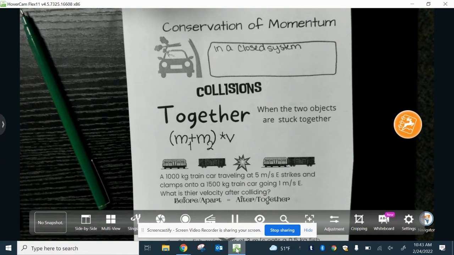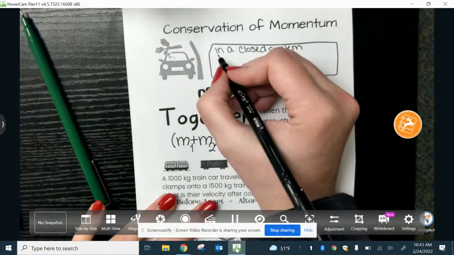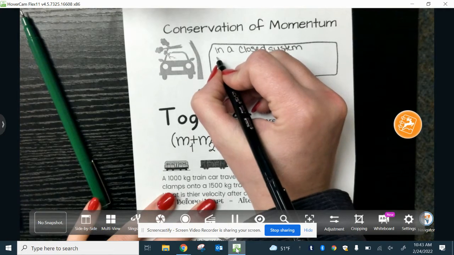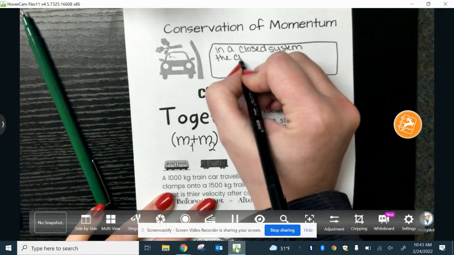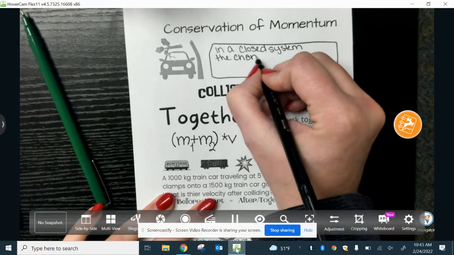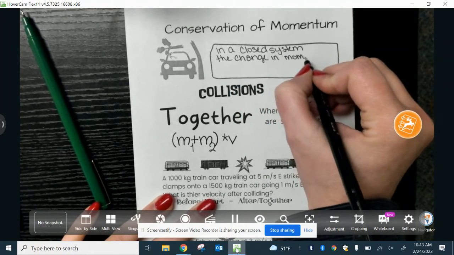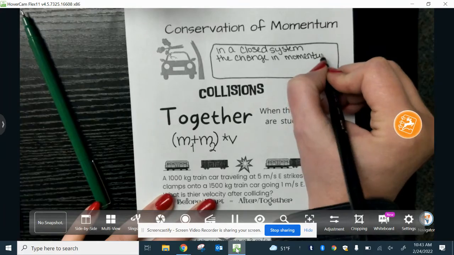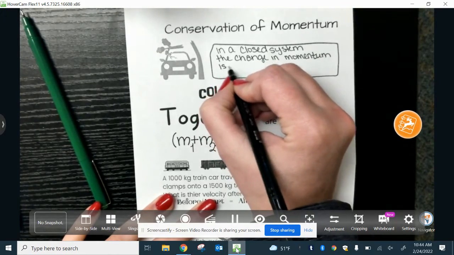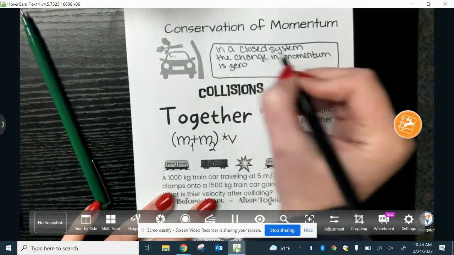So in a closed system, we're not adding any mass after the collision or taking away anything. We're not subtracting the pieces of the car that fell off, like the tire when it goes rolling by, any of that. So in a closed system, the change of momentum is 0.